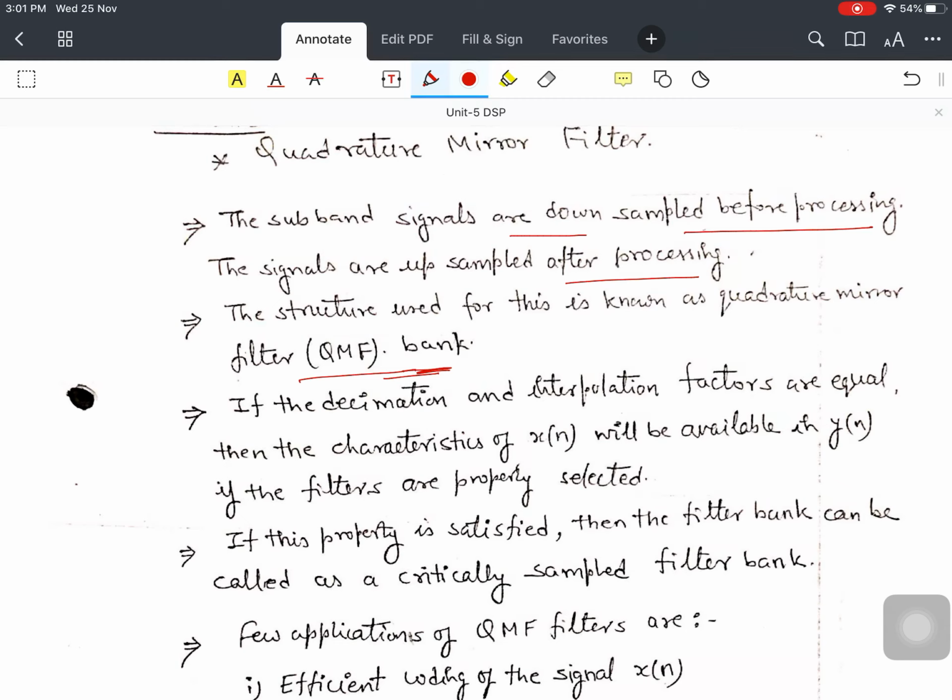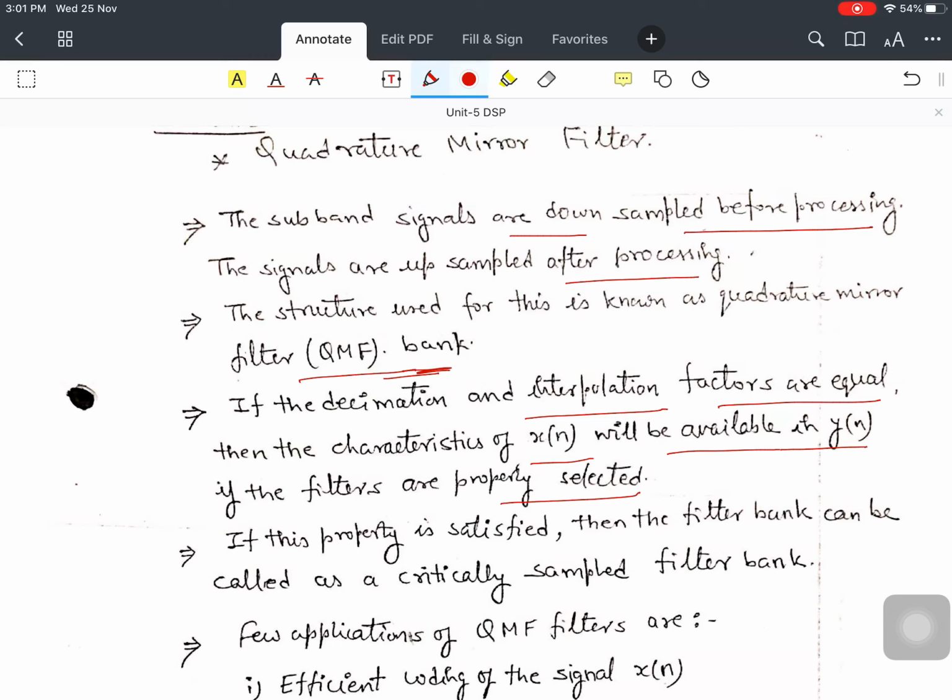If the decimation and interpolation factors are equal, then the characteristic of x n will be available in y n if the filters are properly selected. So, if we are using interpolation and decimation by the same factor, then the characteristic of x n will be available in y n.